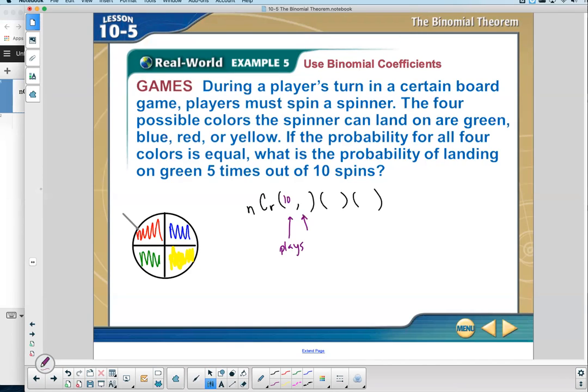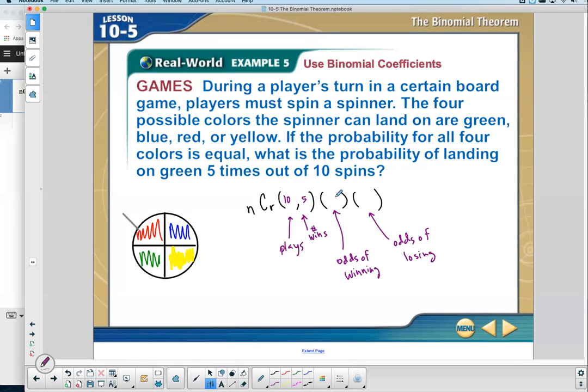How many wins do we have? 5. 5, good. This is the odds of winning. What are the odds of winning? One-fourth. That's right, very good.